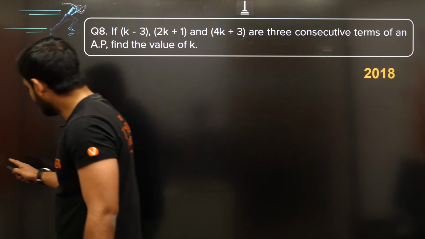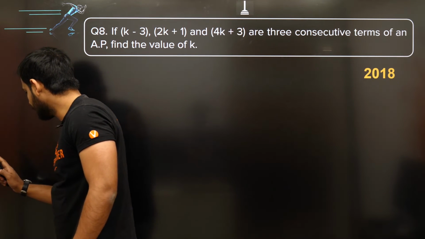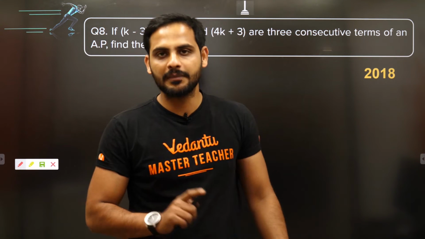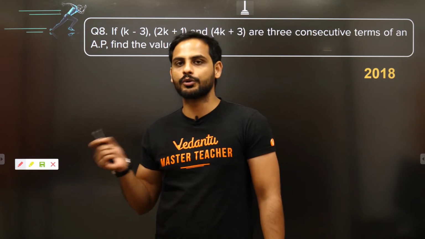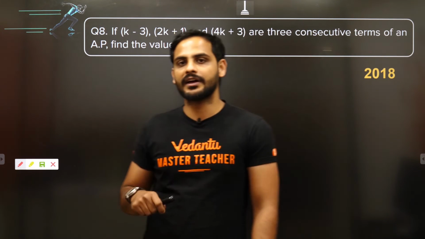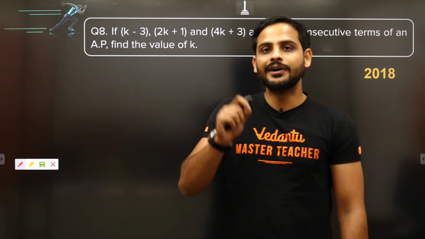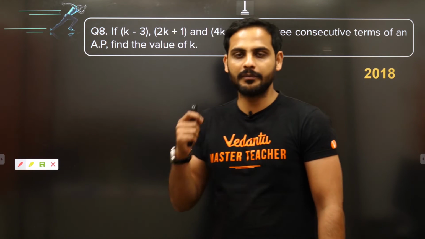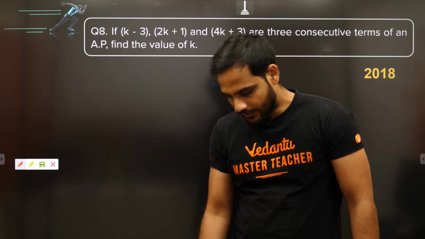You must have learned that if 3 terms A, B, C are in GP, we can say B square is equal to A into C. And if 3 terms A, B, C are in AP, we know 2 times B is equal to A plus C, or B is equal to A plus C by 2. So I will use this form only.